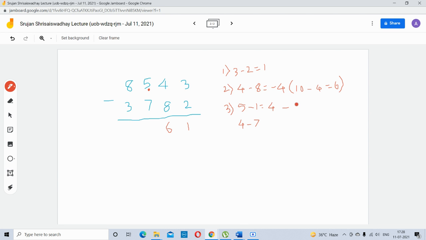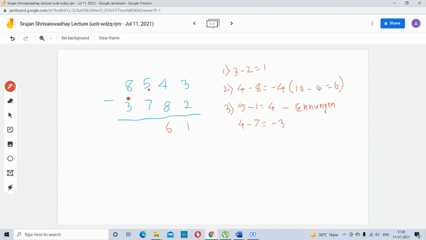So this is by the formula of Ekanyunena. Using this formula you are reducing 5 by 1, and you will be getting 4 minus 7 is equal to, now again this 7 is greater, so that comes out to be -3.